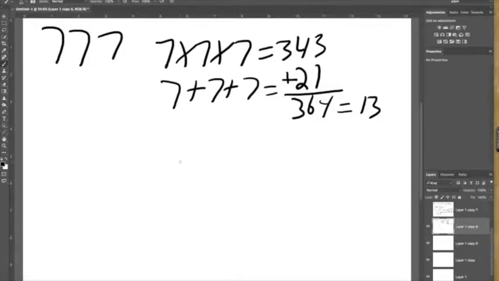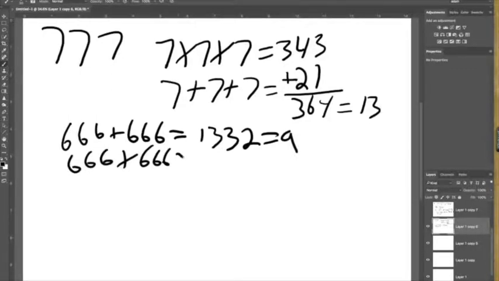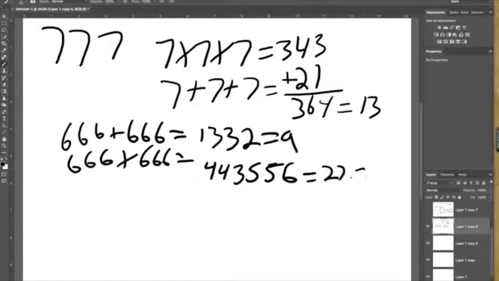We have 666 plus 666 equals 1332, and that equals 9. And you got 666 times 666, and that equals 443,556, which is 27, and that equals 9.